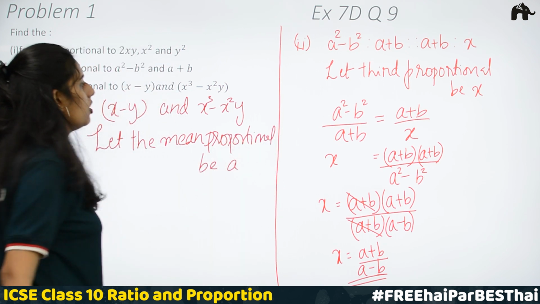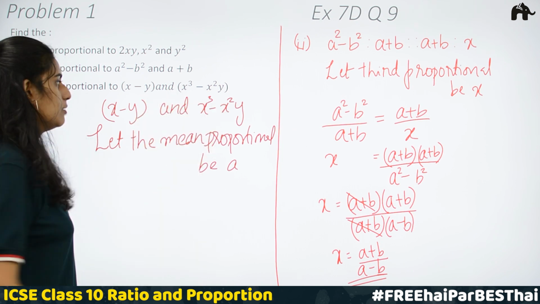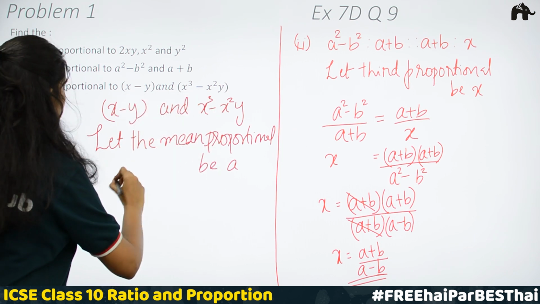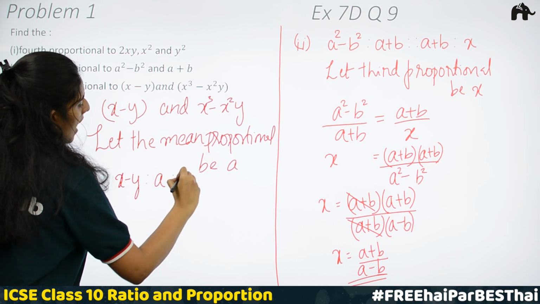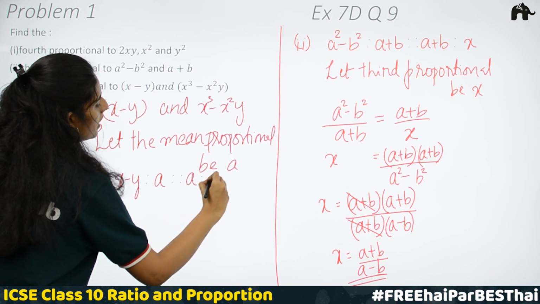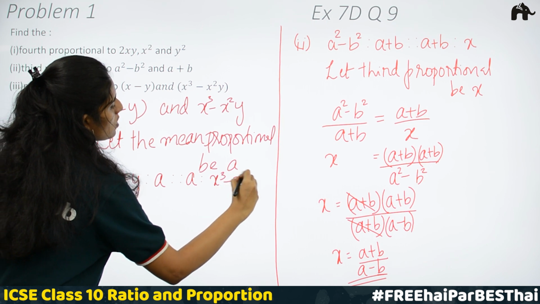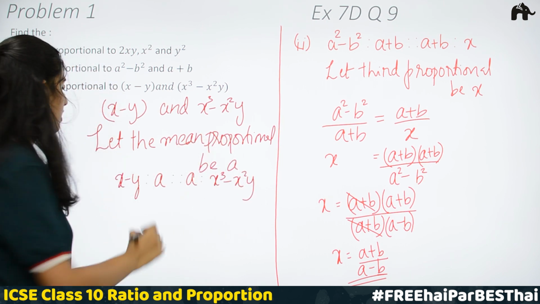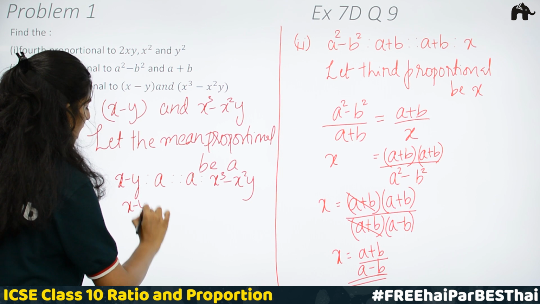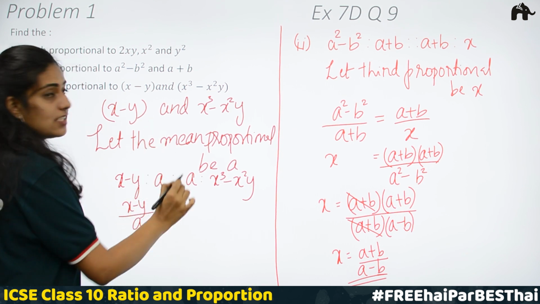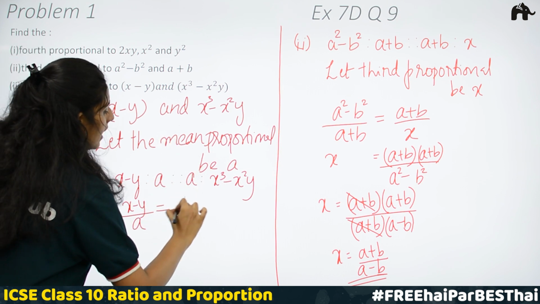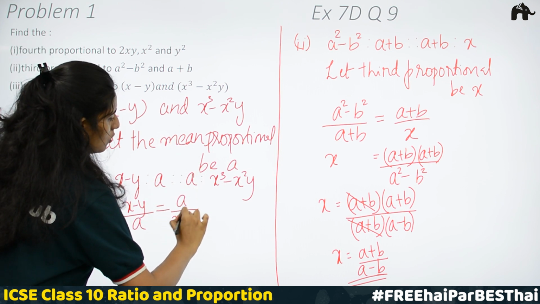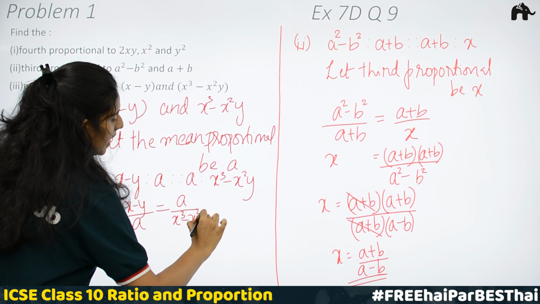We are taking a because we already have x and y variables here. Now this can be written as x minus y is to a as a is to x cube minus x square y, or x minus y divided by a. This is how you represent the ratio. Now this proportion will become equal to a divided by x cube minus x square y.